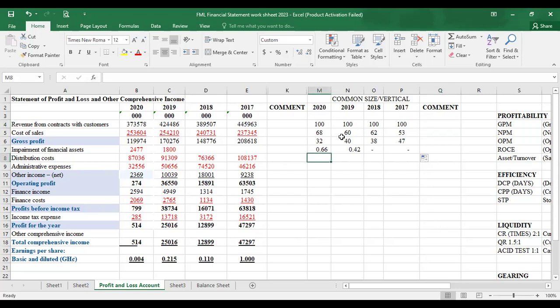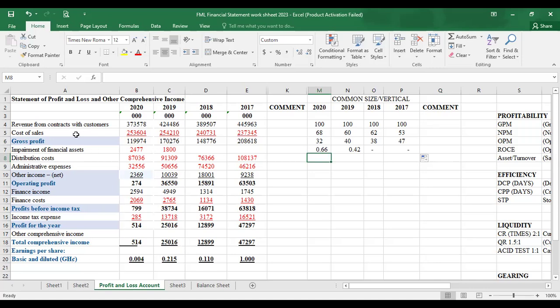But if we want to make a comment, we would need to look at what the item is. Now the statement of profit and loss just tells us our profit, so looking at the money we have made and then how much we have spent. We should be looking at spending less and then making more.